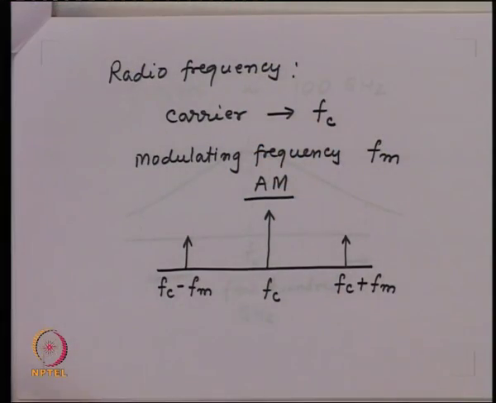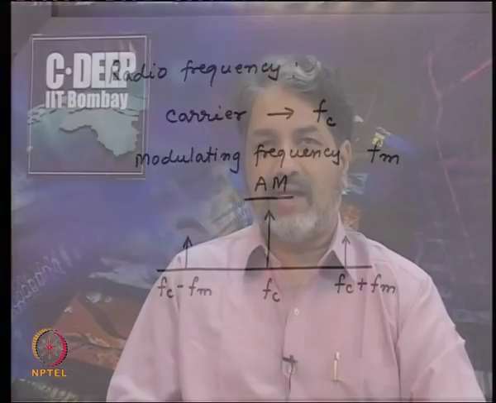So, firstly we saw that if you had a radio frequency carrier Fc, and if you modulate this carrier by signal Fm, then in the spectral domain we get what is called the carrier and the sidebands, which are at Fc plus Fm and Fc minus Fm. We are considering here the simplest possible modulation, which is the amplitude modulation.